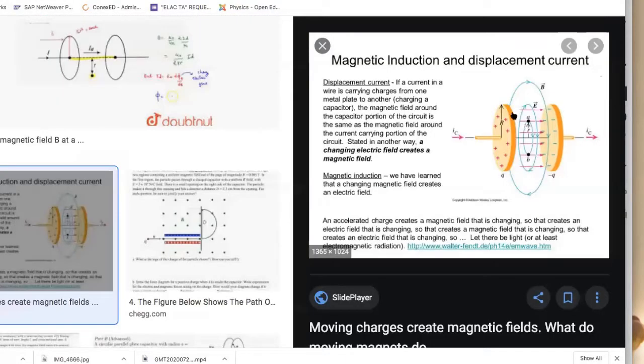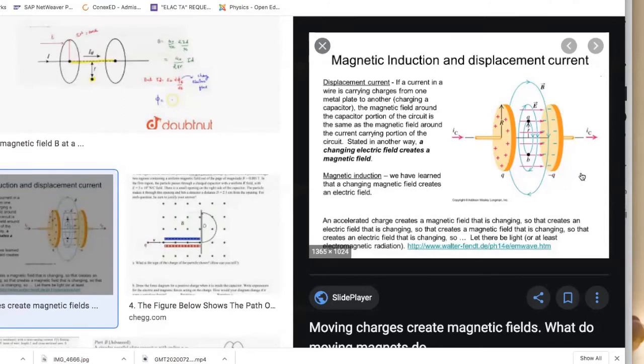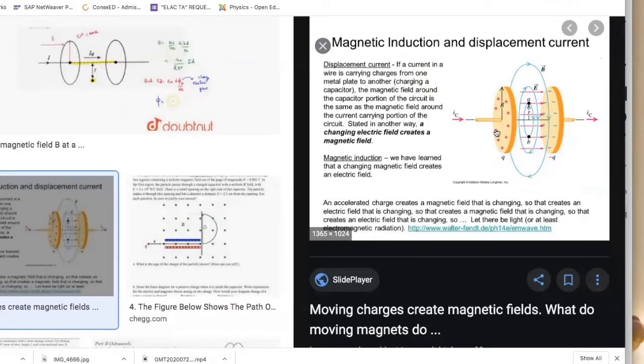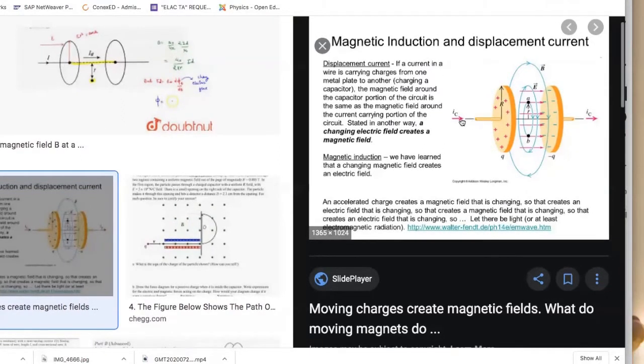Okay, so here there's current. You see there's conduction current here outside in the wire. Then it builds up charge in here, and then the E field here starts increasing. It mimics the same effects as a conduction current.